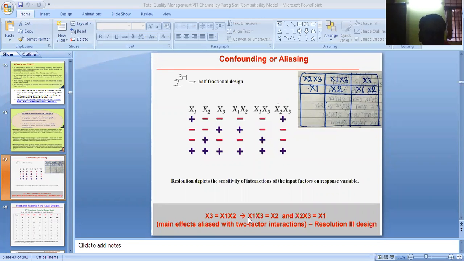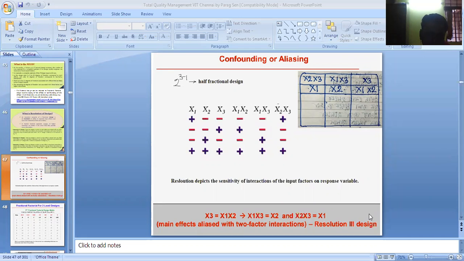Why is the cross product of x1 and x1 equal to 1? Because the main factor is confounded with itself. If the main factor confounds with itself, then the cross product will be 1, because you already know that x1 is equal to x2 into x3. So obviously here you will be getting that x1 is equal to x2 x3.